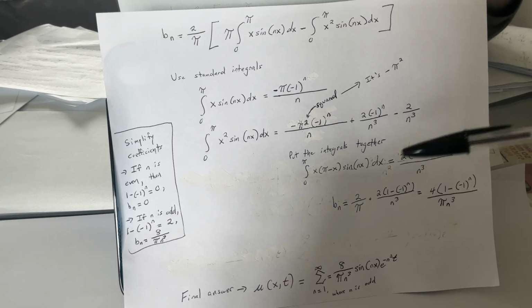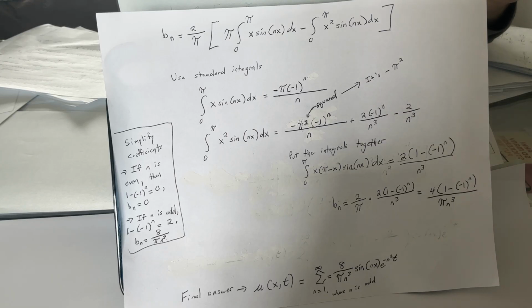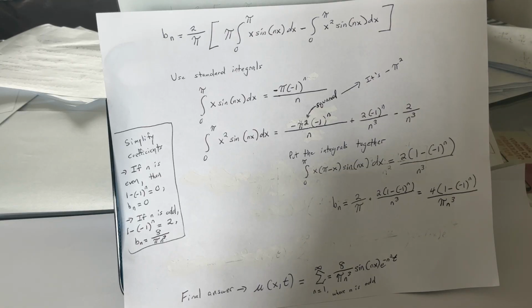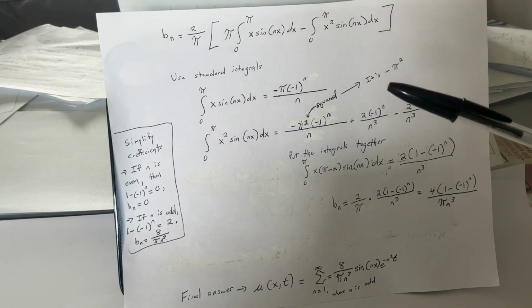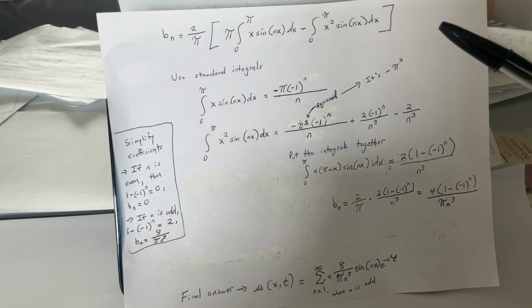So what we're going to do here is place these integrals together from what we had on the previous page, 0 to pi x times quantity pi minus x sine of nx dx. That is going to equal this.